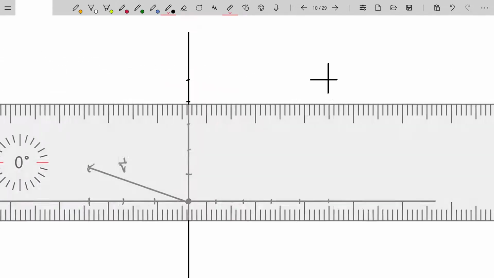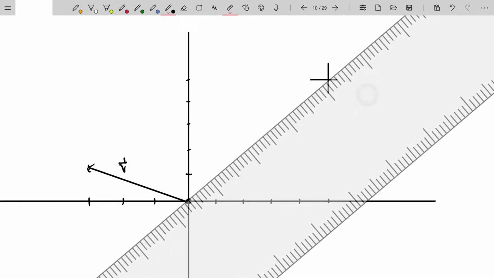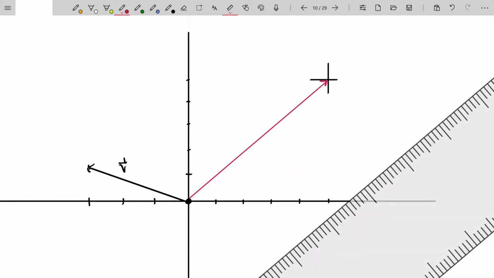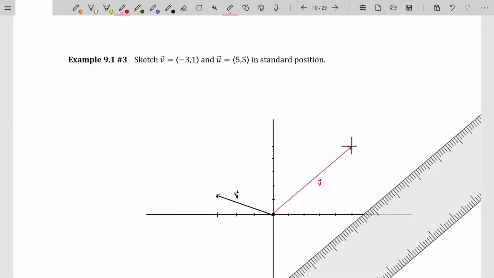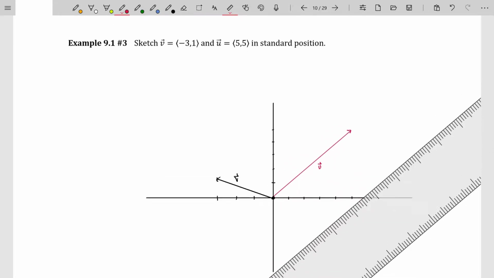That's my target. So let's go ahead and target that. There we go. Good enough for me. I'm going to draw it in red. Okay, there's my vector u. Again, u is the vector 5, 5. I just drew those cross hatches in there for guidelines. That's all. And again, there's only one vector u in standard position.